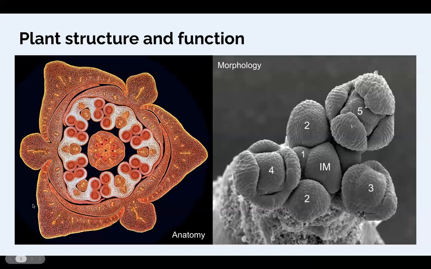So this is a slice through a developing flower, a cross section, and you can see on here the different circles of the cells. We've seen some of these before, the different cell types, tissue types, the epidermal layer, the vascular cells are in there as well. So even though this is a reproductive structure that we haven't really talked about yet, you can see some of the features we've already talked about.